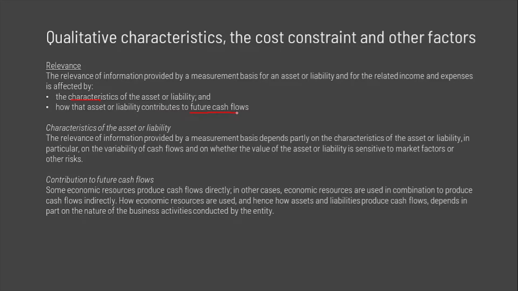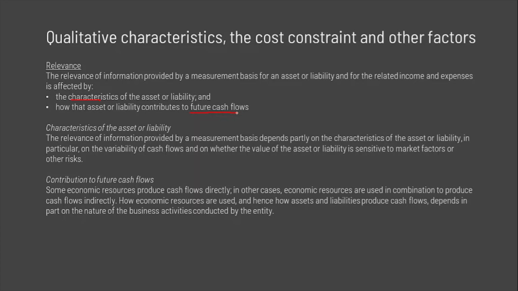The characteristics of the asset or liability affect the relevance of the information provided by a measurement basis. For example, an asset or liability whose value is sensitive to market factors is more appropriately measured at fair value rather than at historical cost.